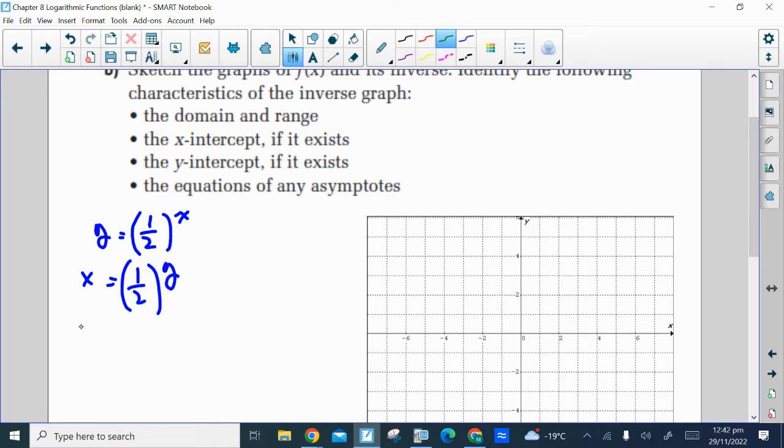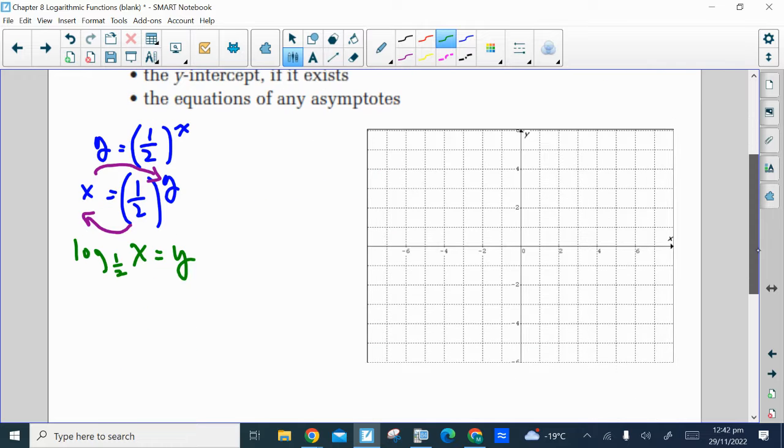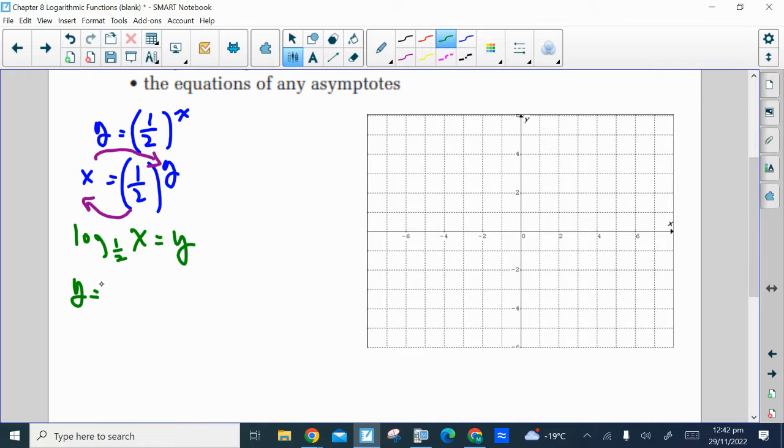This exponential function has a base of 1/2, so that'll be the base of the log. And to get what order the other pieces go in, start with the base, cycle through. After the log of 1/2, the next thing that comes after that is the x, and after the x, you have your equal sign, and then the y. Y equals log base 1/2 of x.